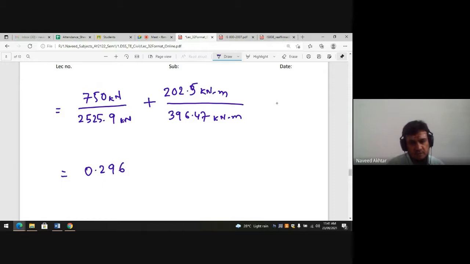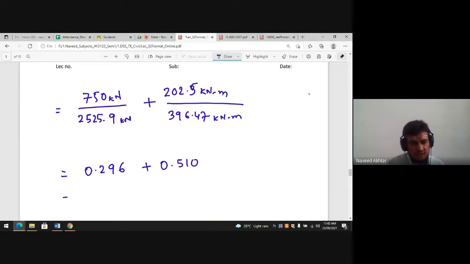It is 0.296 plus MZ divided by MDZ, 202.5 divided by 396.47. This value is coming 0.510.